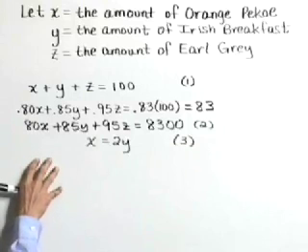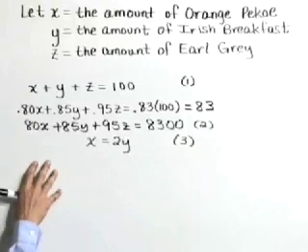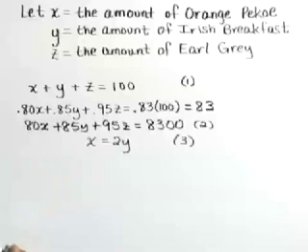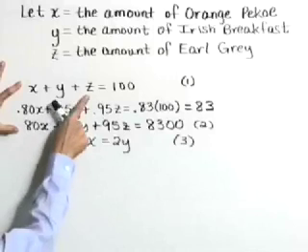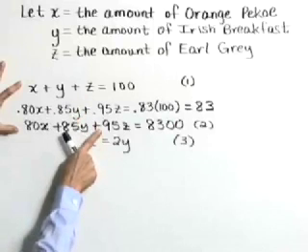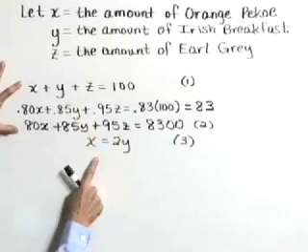Now let's solve this system of equations. I'm going to start with the elimination method, and I'm going to select equations 1 and 2. I'm going to eliminate the variable z because this third equation does not have z in it. So let's eliminate z from the first 2.